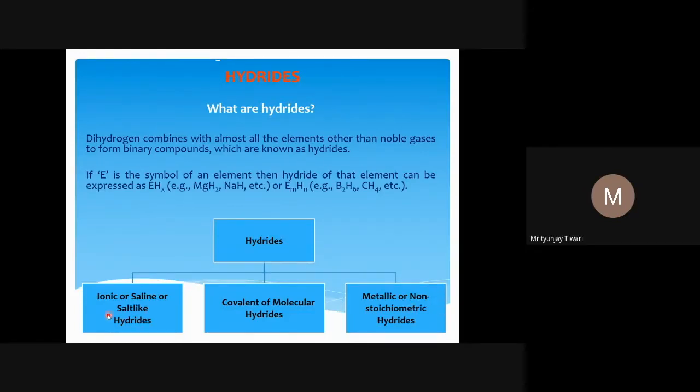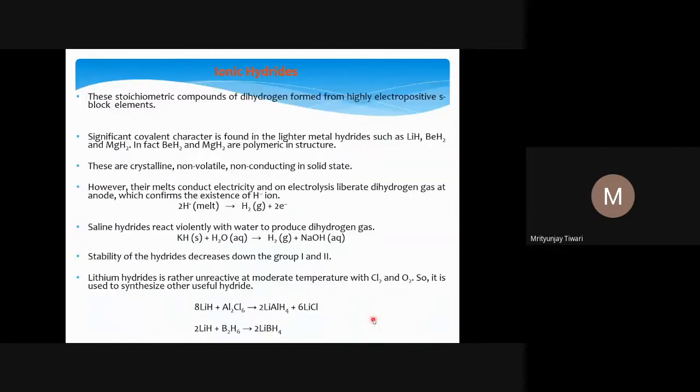Mostly s-block elements are involved in the formation of ionic or saline hydrides, which are ionic, meaning cations and anions have separate existence, but metallic or non-stoichiometric hydrides are different. Also, ionic hydrides are stoichiometric hydrides, but metallic hydrides are not stoichiometric, we will see what they are.